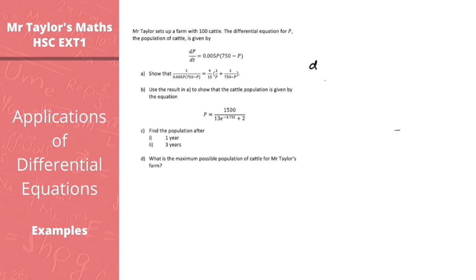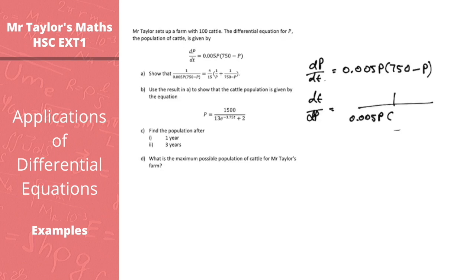So we know dp dt is 0.005 p, 750 minus p. So dt dp is 1 over that. Okay, now this one's really hard for us to integrate, but that's why we will use the result that we did in part A. So hopefully you can see that that is actually just the left-hand side, but it's not going to help.